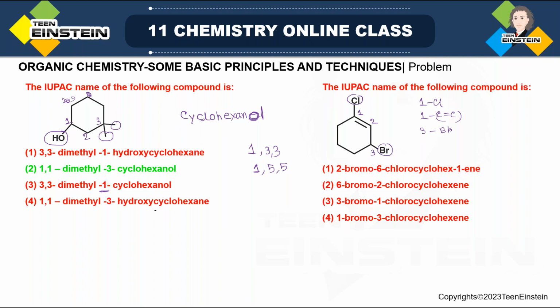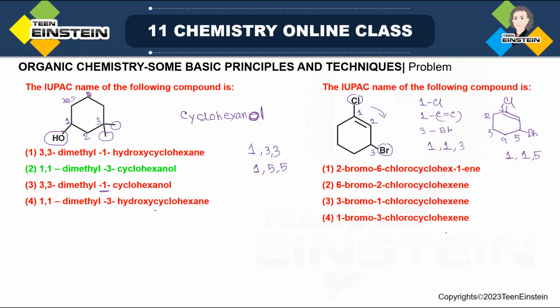If I am doing the other numbering, so that we can understand why it is not correct, suppose instead of moving towards this direction, I am moving the other way, 1, 2, 3, 4, 5, then the numbering is 1, 1, 5. But in this case, it is 1, 1, 3. Because at 1 position Cl, at 1 position double bond, at 3 position Br. But if you are following the second one, why is it wrong? Because it is 1, 1, 5.